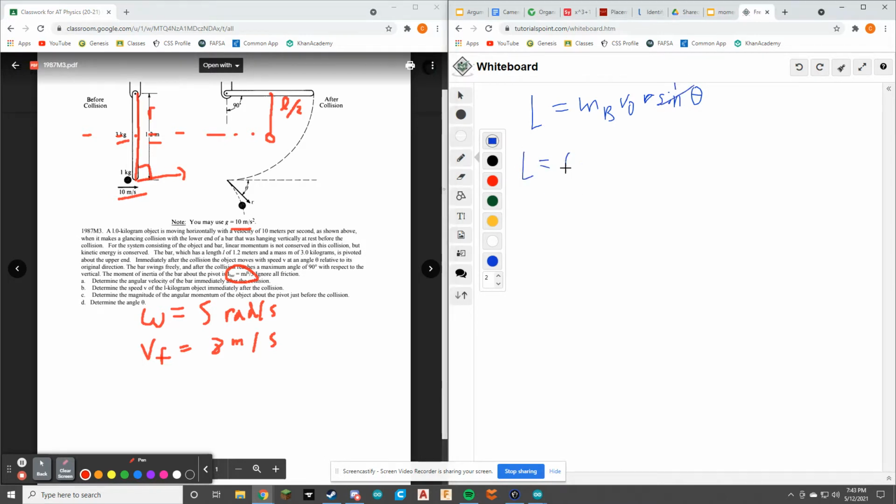So we can plug in our values: 1 kilogram, 10 meters per second, and 1.2 meters. We get that the ball's initial angular momentum will be 12 kilogram meters squared per second. Note that here.